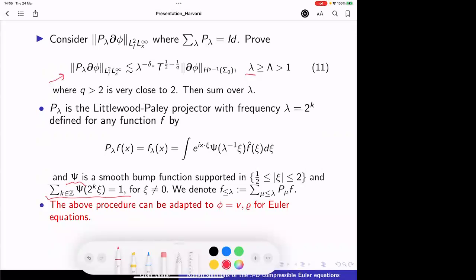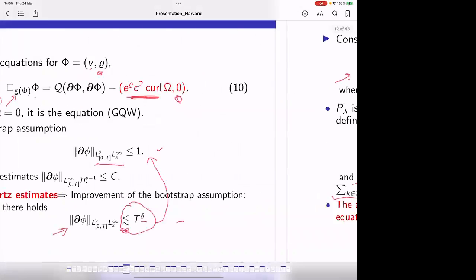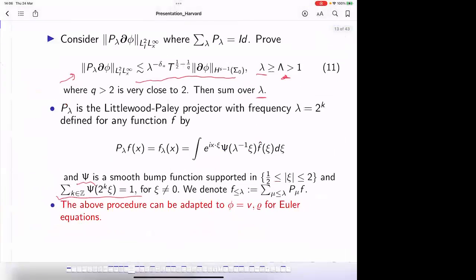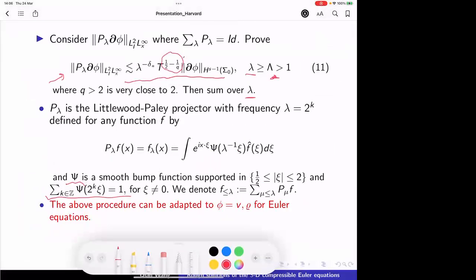We focus on the large lambda, and for lambda smaller than this number, we just apply a standard Bernstein inequality. If you don't like the name, think about it as a certain Sobolev type of inequality. In any case, we focus on large lambda, and if we can achieve this on the right hand side and then sum over all these large lambdas, we are able to get the estimate in the previous page, and this number is the delta over there.